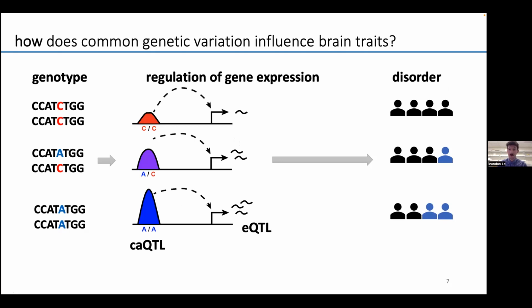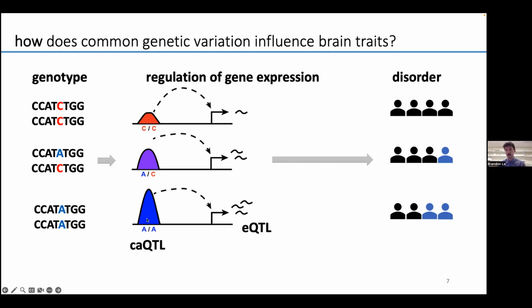Well, non-coding parts of the genome are ostensibly regulatory in their function. So we can imagine that perhaps this A allele may be associated with chromatin accessibility, such that if you inherit two copies of the A allele, you have an accessible region of the genome, and if you have two copies of the C allele, this regulatory element is relatively closed.